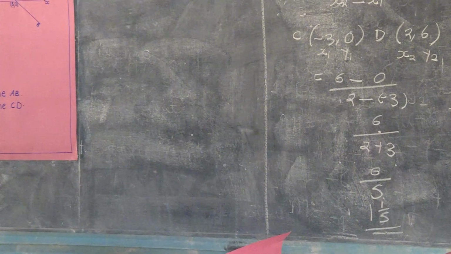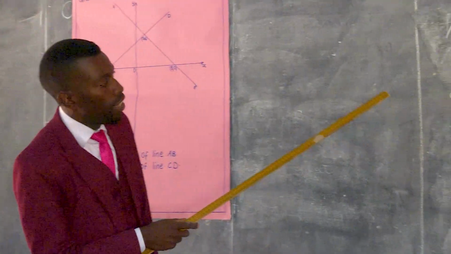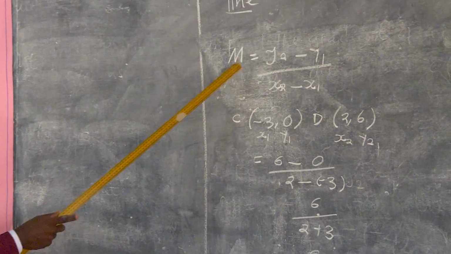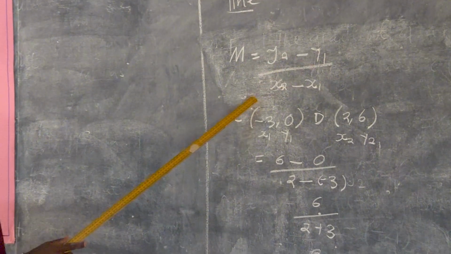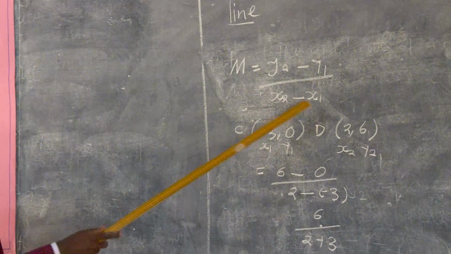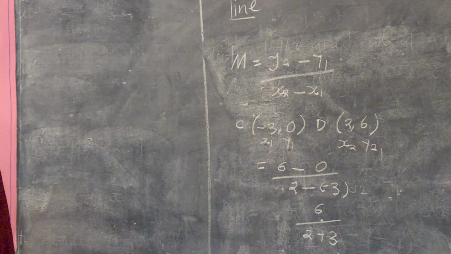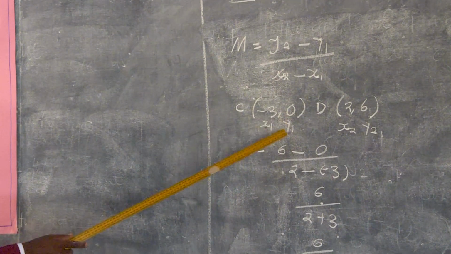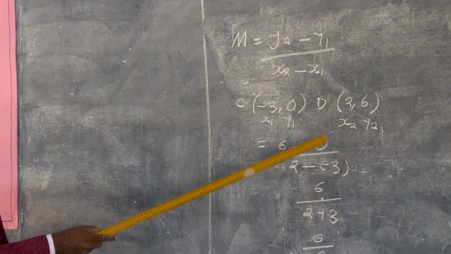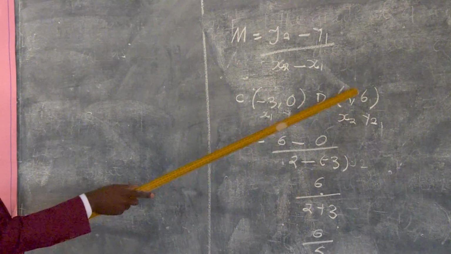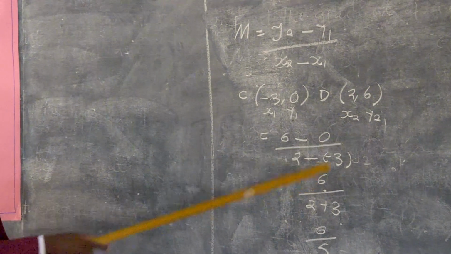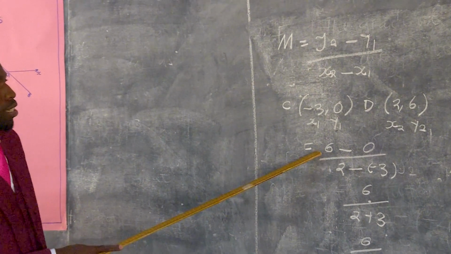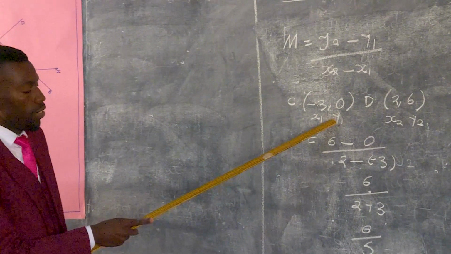Is it correct? Yes. The way he has explained that. First, we write the formula. Gradient is equal to y2 minus y1 over x2 minus x1. Then next we have to indicate. So -3 is our x1, then 0 our y1, 2 our x2, then 6 our y2. Then next we substitute. Where there is y2, we put 6. Where there is y1, we put 0.